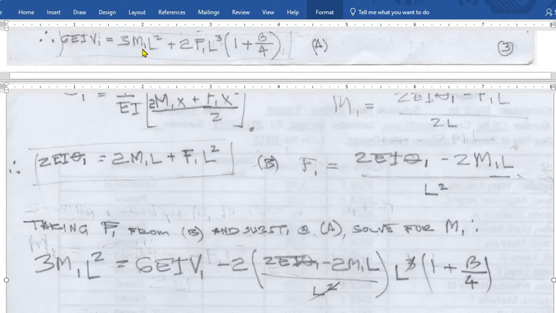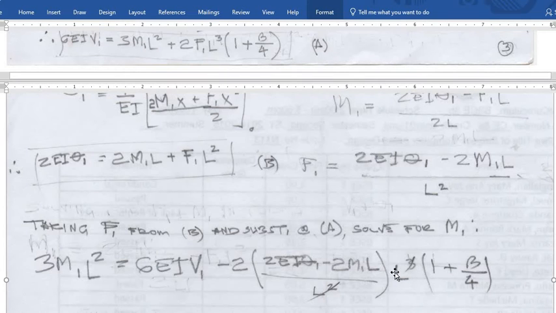And then, itong 3m1l squared, i-isolate natin siya. Okay? So, 3m1l squared is equal to 6ei v1 minus, ito yung 2f1l, lilipat natin dito sa kabila. Ito na siya ngayon. Okay? And then, magkakancel ngayon yung l squared tsaka l cubed.